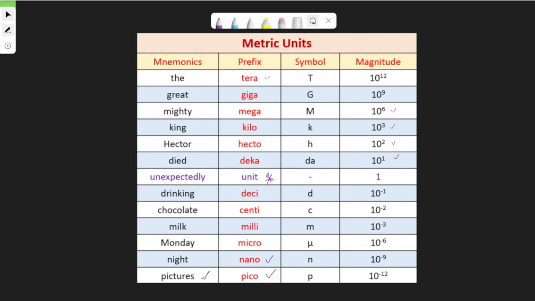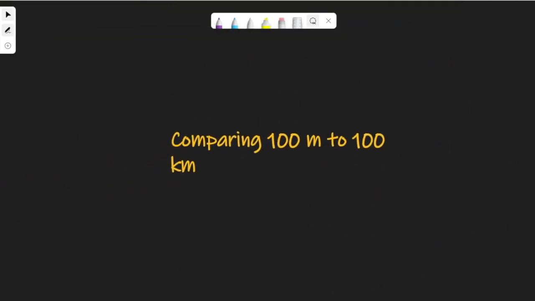Now let's take this into some more practical uses, and let's compare 100 meters to 100 kilometers. Notice that I said meters, and the first thing we want to recognize is that this M does represent meters. There is no prefix in front of it, so it's not changed, it's just the base unit. And we're comparing it to kilometers, and again, the prefix K is a kilo. And then here we have meters again.